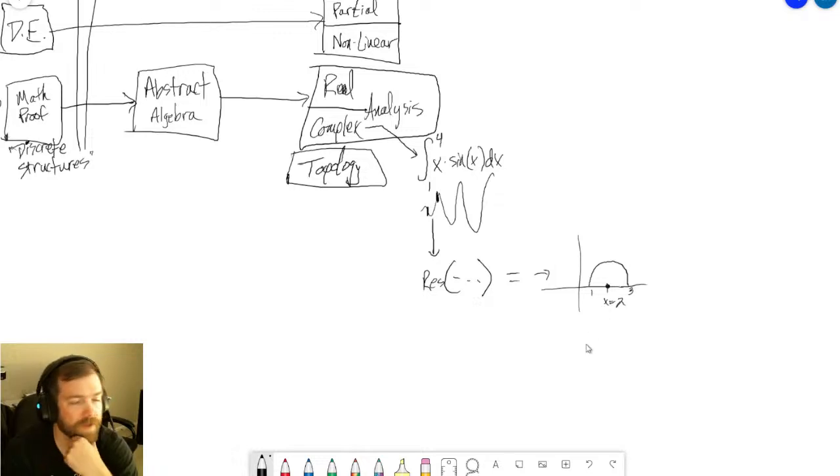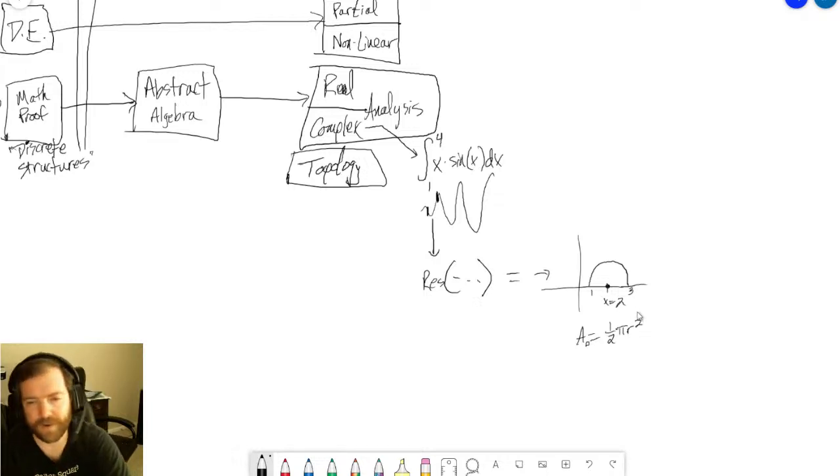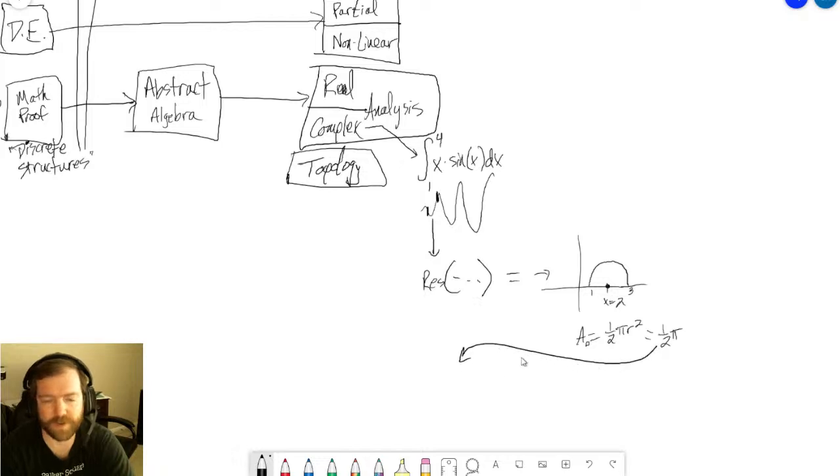So now we're just trying to find the area of a semicircle. And then, okay, that's 1/2 pi r squared. And oh, look at that, we just found out what this is. This is going to get us 1/2 times pi times the radius, which is 1. So that's it. It's pi over 2. Then you say, okay, now we do the reverse transformation.